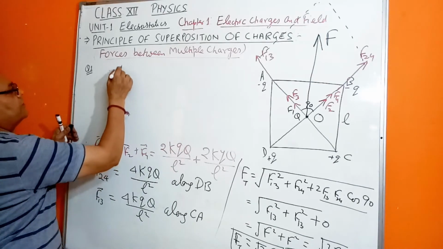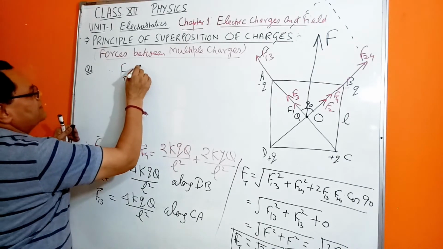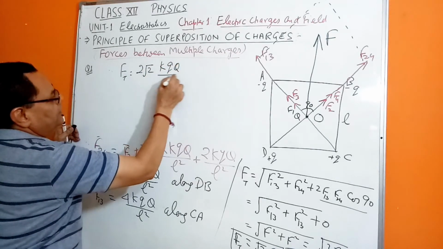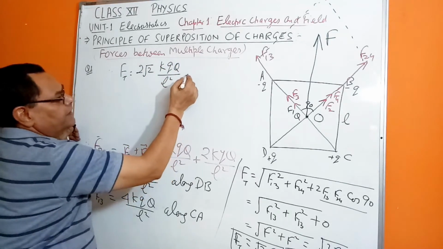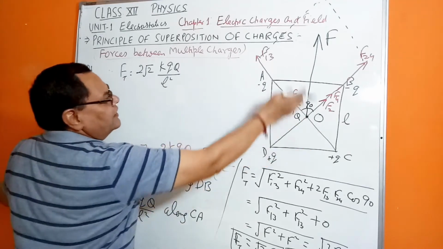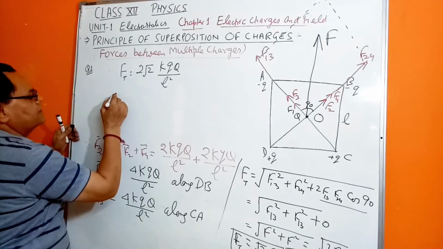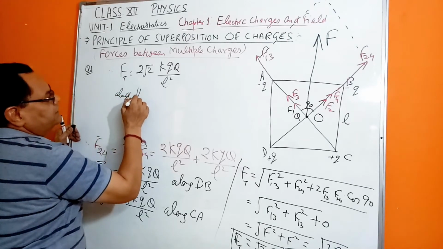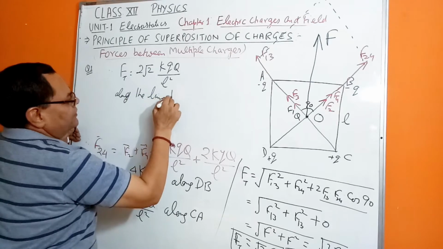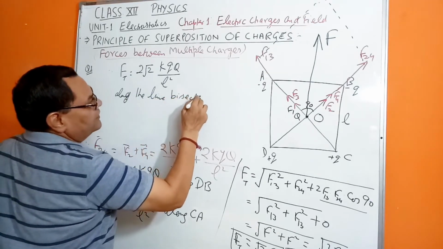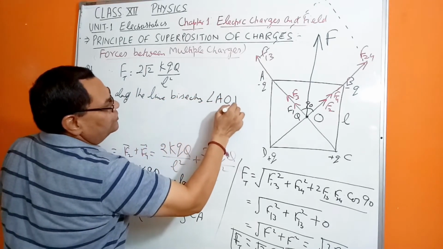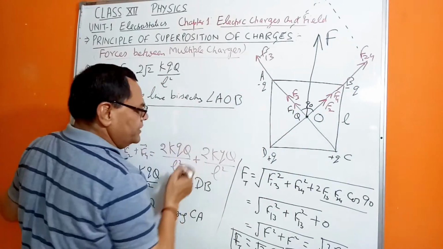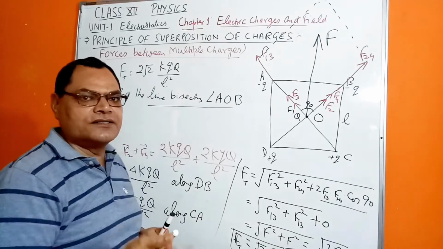So please write down that F total is coming as 2 root 2 KQ upon L square, and the direction is along the line bisecting angle AOB. So this is actually the way to write the final answer.